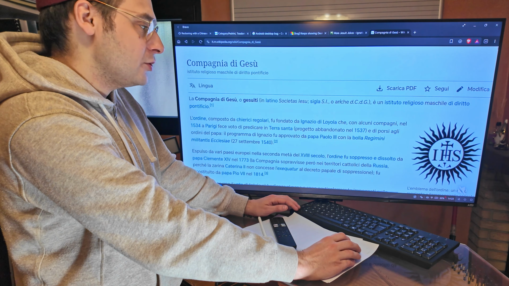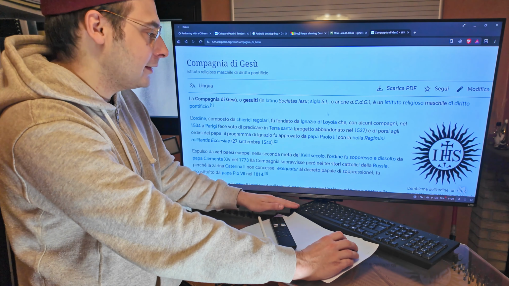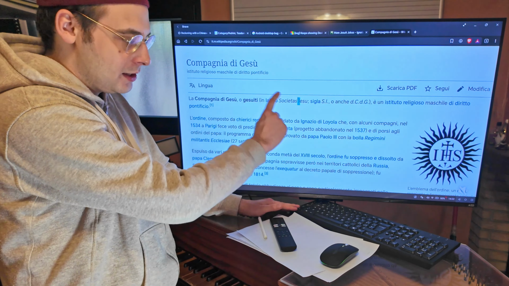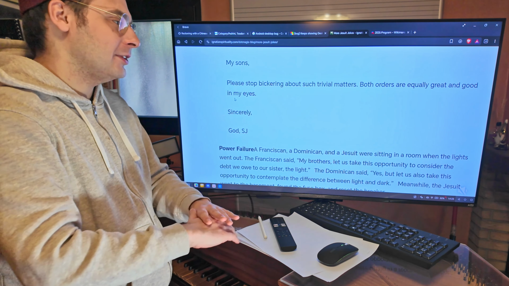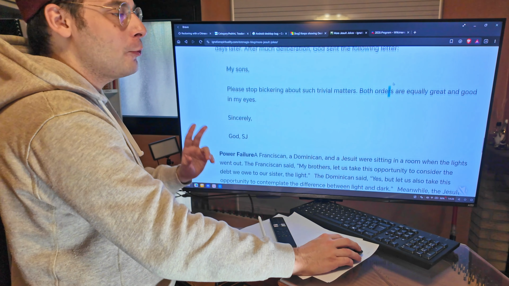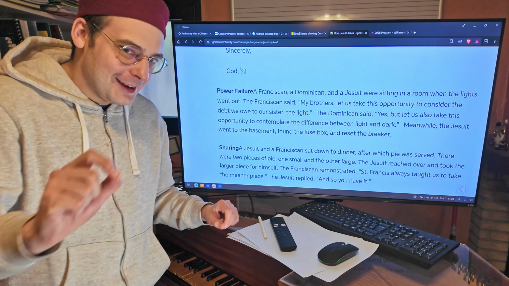So in Latin, Societas Jesu, it's funny because God says, okay, both of the two orders are the same, they are equally great and good in my eyes, but then God is committing the typical sin of the Jesuits, Societas Jesu.